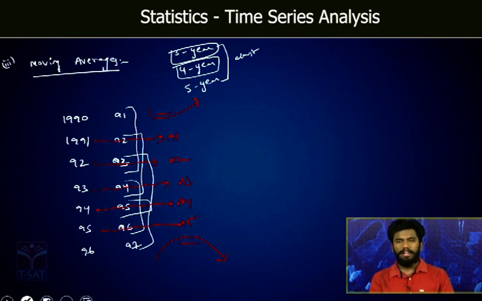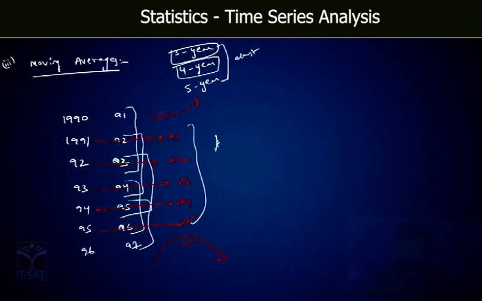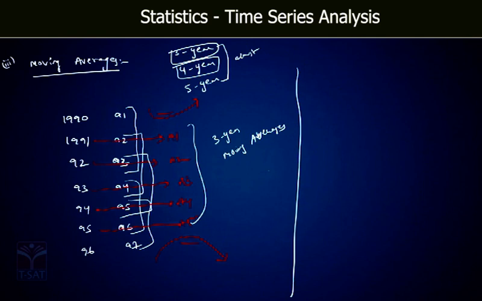Now, these A1, A2, A3, A4, A5 are called the 3-year moving averages. Okay, that's how we find the moving averages.